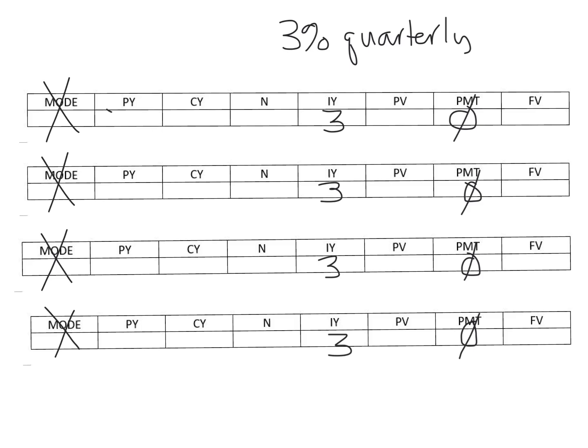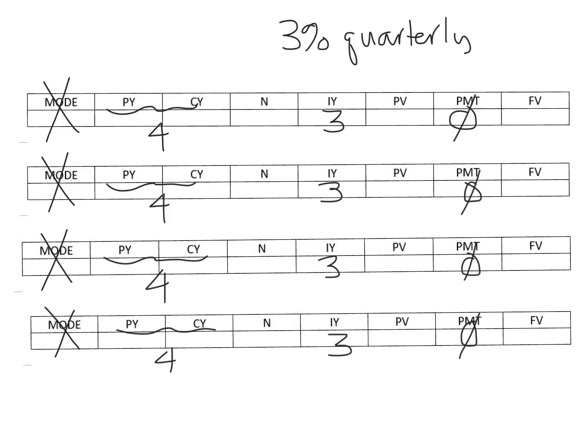Our P/Y, C/Y will be the same. And in fact, once you have these variables inputted, you don't need to redo them as long as they're the same for the next calculation. So when you put 4 in as your C/Y, P/Y into that interest conversion feature, you can just leave it there because we're using that same value for each of the calculations.